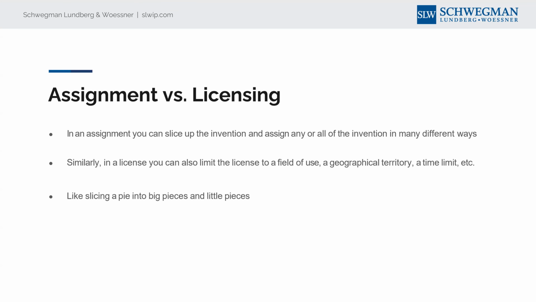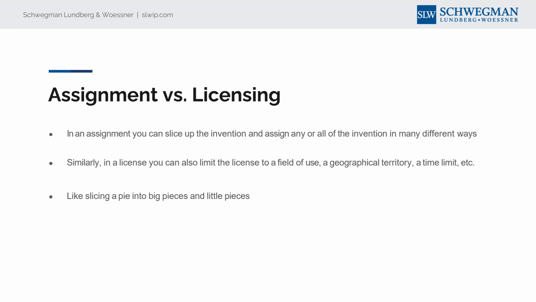So you can really do whatever your creativeness in drafting up the assignment lets you do. Assignment and licensing is where you can escape to some degree the rather prescriptive ownership rights assigned to inventorship.